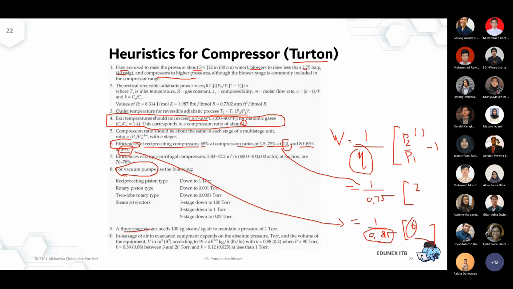And ejector, again, this is another function to make a vacuum condition. We talk about how to compress, how to increase the pressure, but we haven't talked about how to decrease the pressure below atmospheric pressure. So when you want to decrease the pressure below atmospheric pressure, that's where you need either a vacuum pump or an ejector. But I think it's a topic for another course.